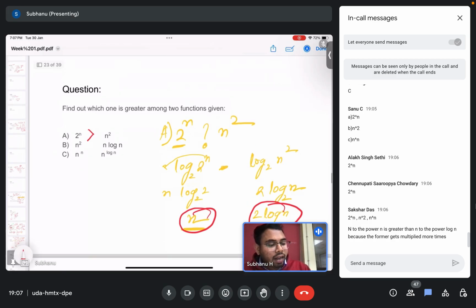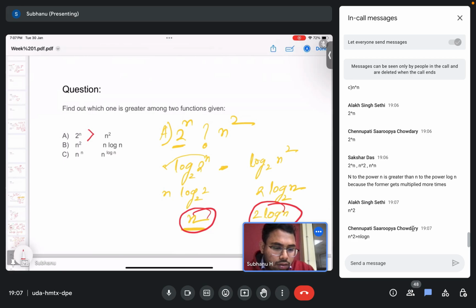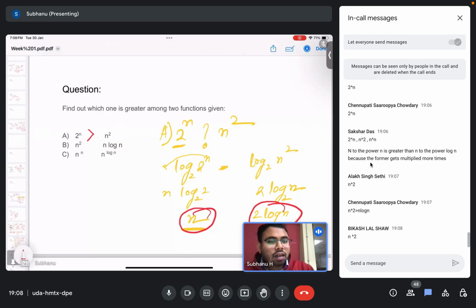Then for n square and n log n, the power of n is greater than n, and the power of log n is smaller, so n square is greater than n log n. Yes, you are right, n square log n.